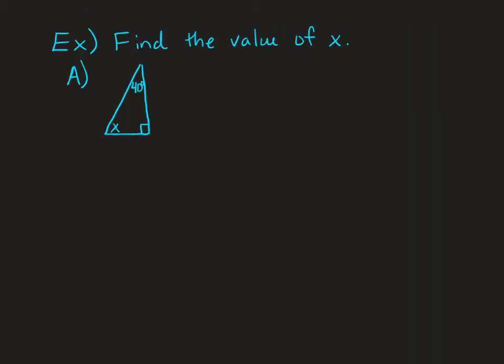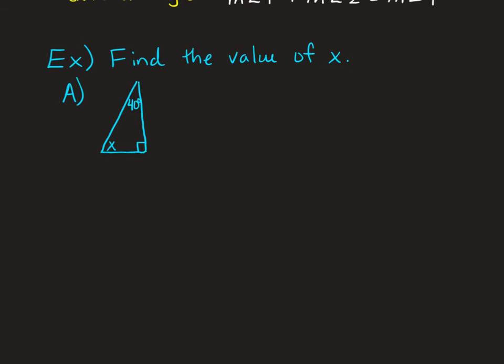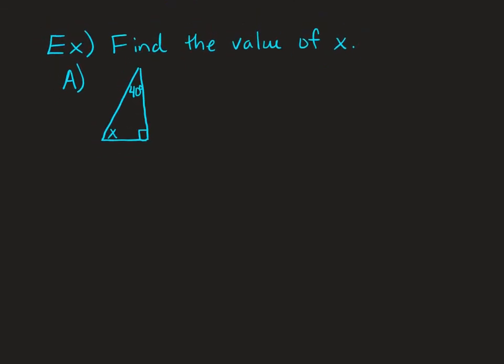So for our examples, we're going to find the value of x. Looking at this first diagram on part A, we have three angles, x, 40 degrees, and that little right angle means 90 degrees. So let's go ahead and add those together and say x plus 40 degrees plus 90 degrees. We have a fact that says when we add the three together, they equal 180 degrees.